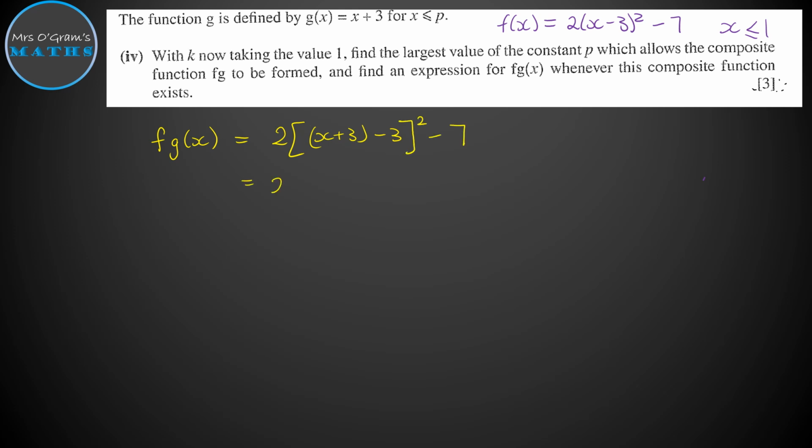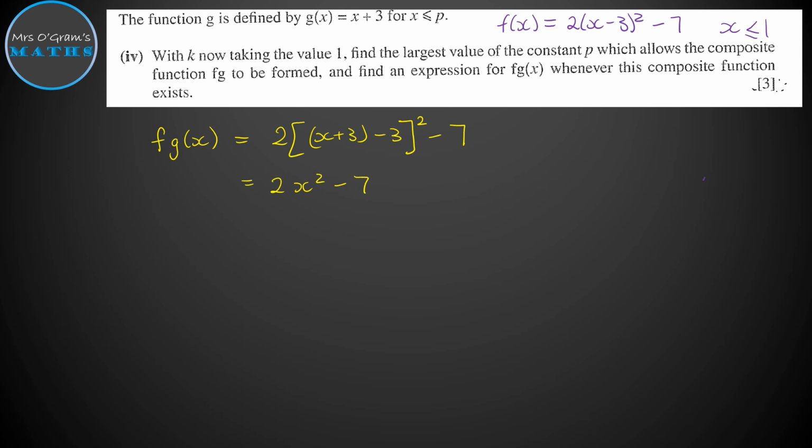So tidying that up, it looks like this. Now that's the expression for fg of x, and we need to be very clear on what we understand for the value of p. So p is part of the domain of g, so those are all the things that can go into g. Now g is determined by what values it's allowed to take on to then be plugged into f.